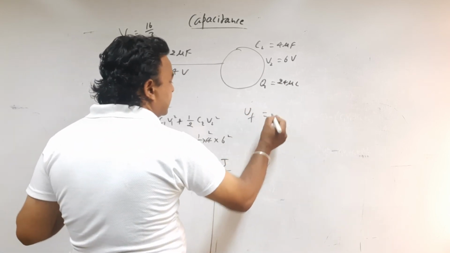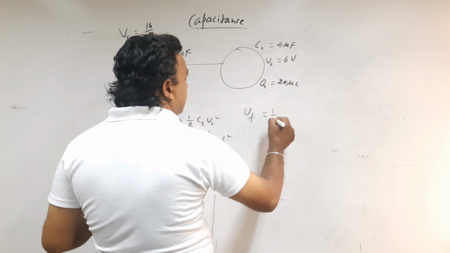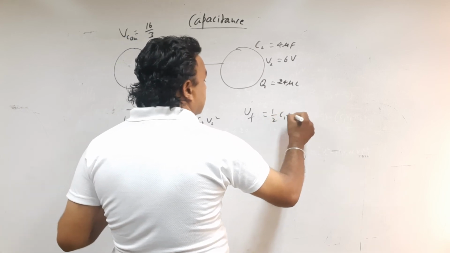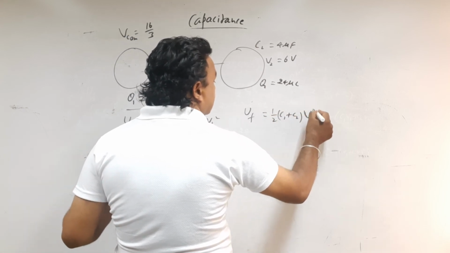Final energy, half of C1 plus C2 V square.